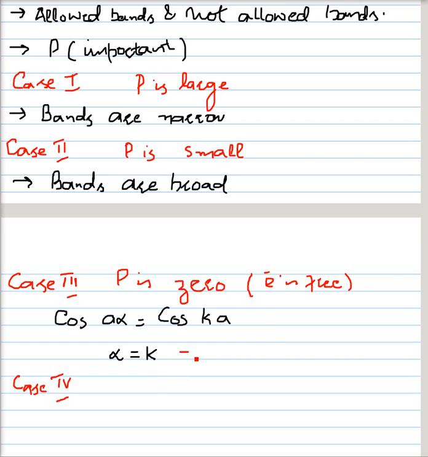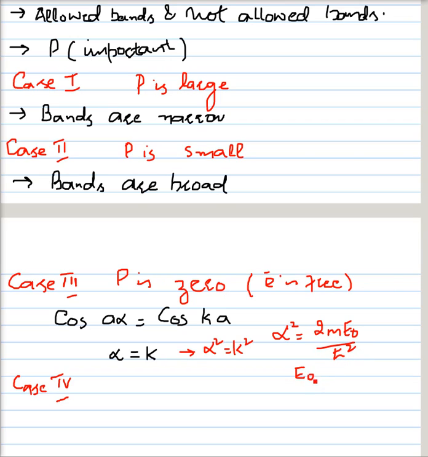Now since alpha is equivalent to k, it further gives you alpha square equals k square. And we know that alpha square is equivalent to twice m E naught by h cross square.